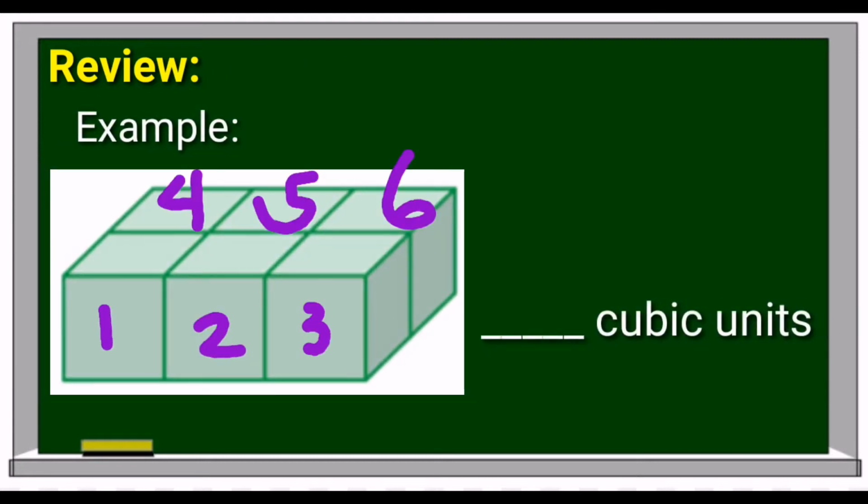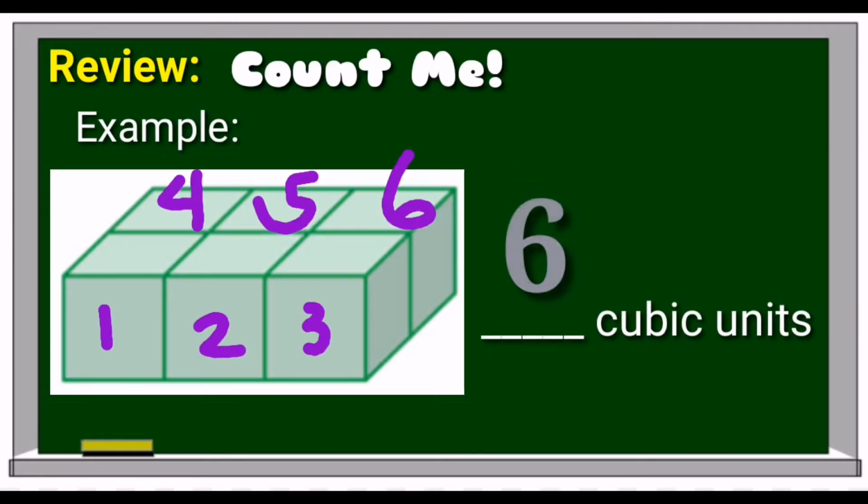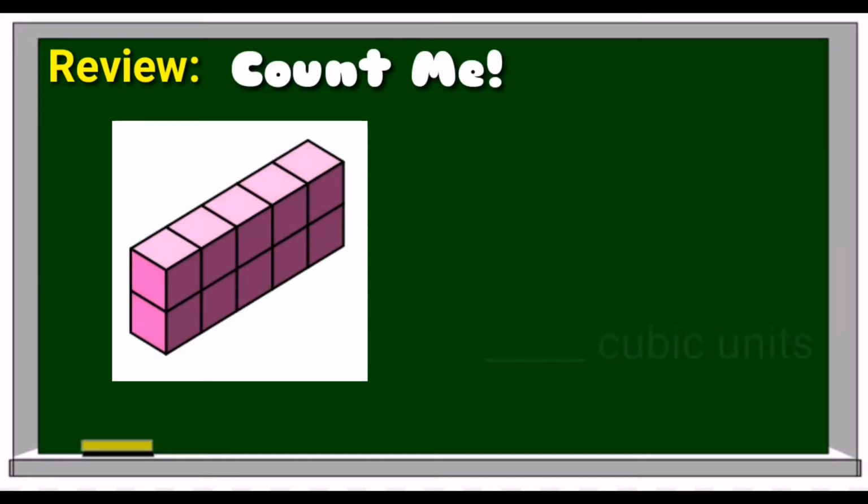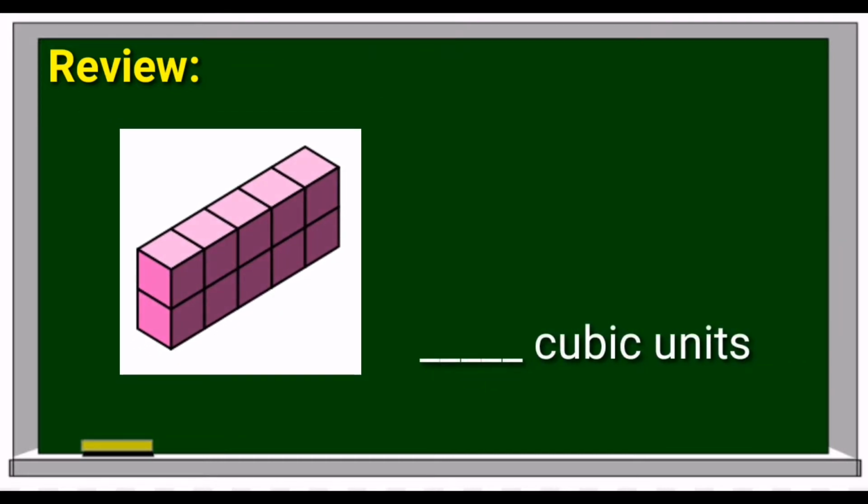Before we proceed to our lesson, let us have a review in the form of a game. Our game is called Count Me. You're going to count the number of cubes to find the volume of this prism. Are you ready, kids? First prism, count me.